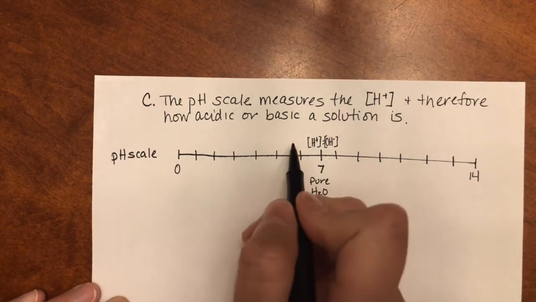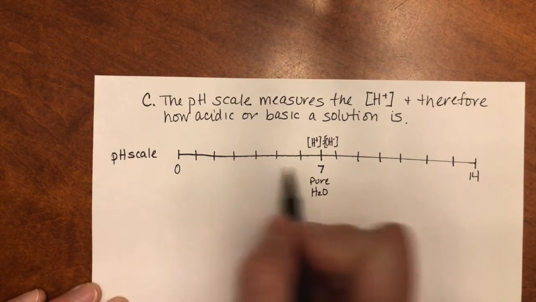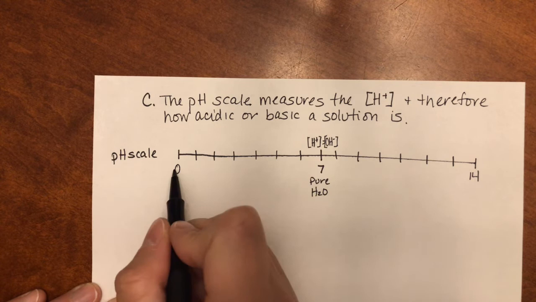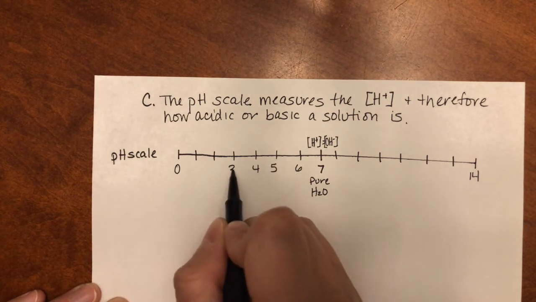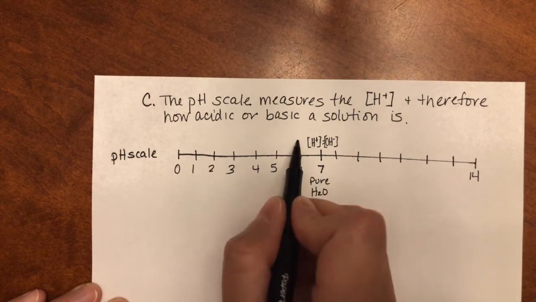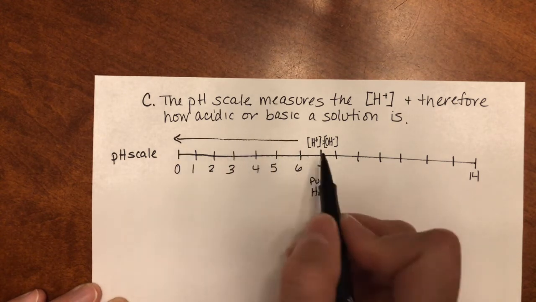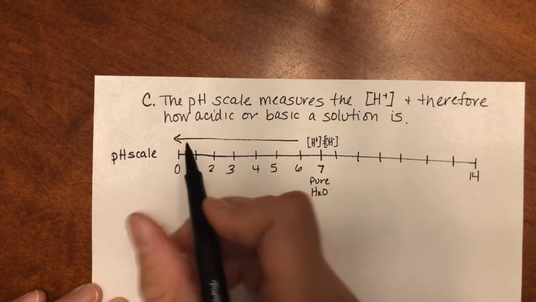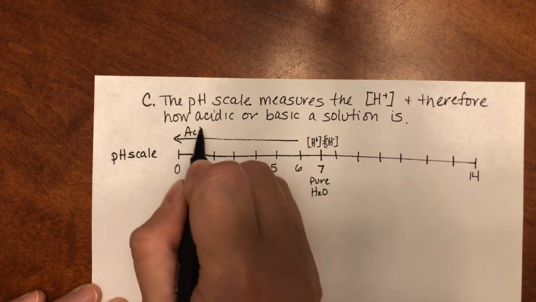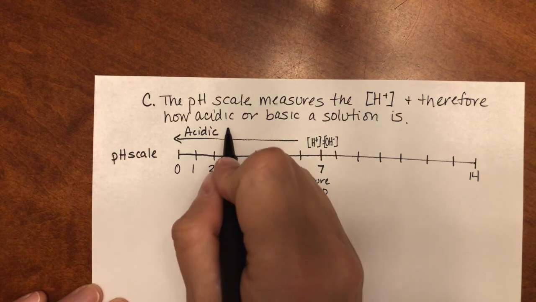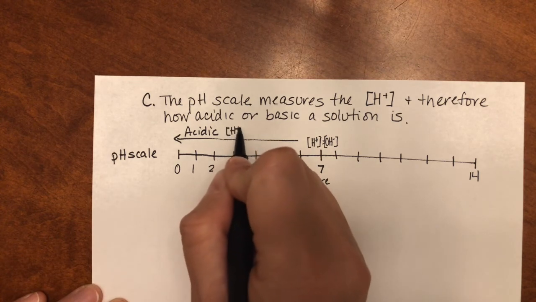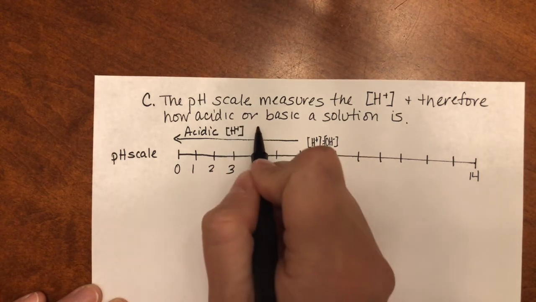And then obviously this would go from 7 down to 0. So this would be 6, 5, 4, 3, 2, 1. These numbers from 7 below represent something that's acidic. So if it has a number of 7 or below, it's acidic. That means, again, the H pluses are higher or lower than the OH negatives?